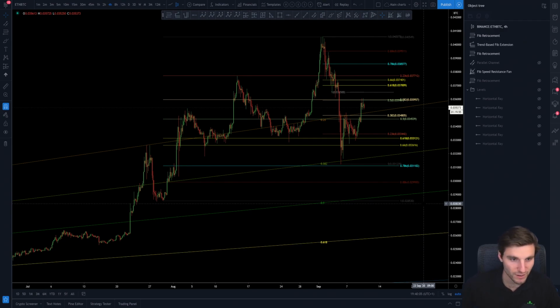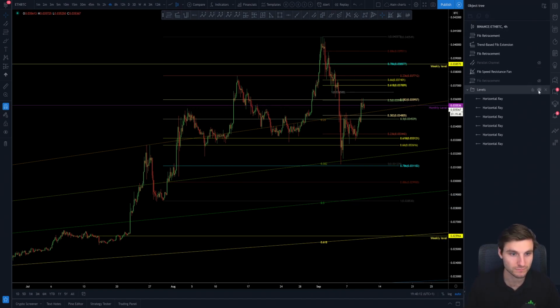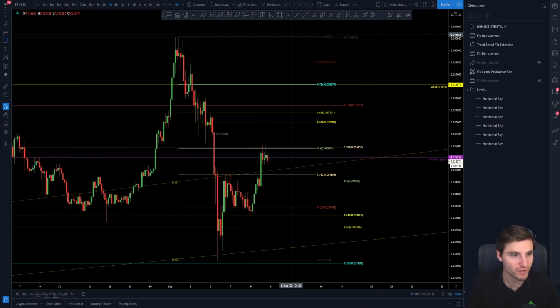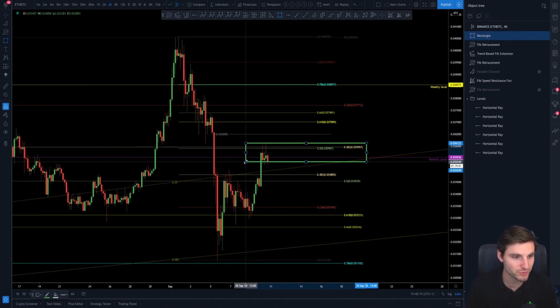As you know, I love Fibonacci. So Ethereum running into confluence of 382, 0.5 monthly.